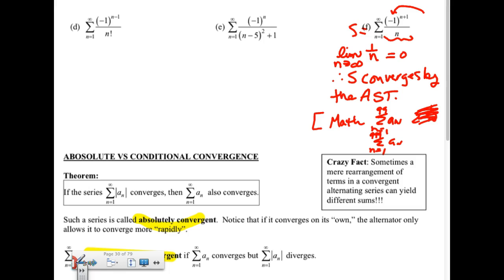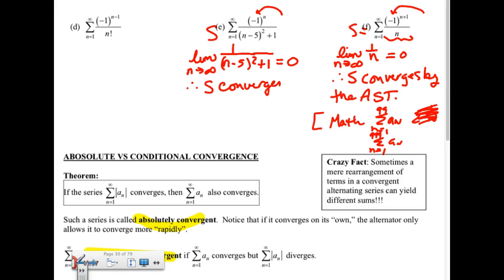All right, a lot of words. It's actually an easy process, but I like you to understand what you're doing. So when I see this alternator, I remove it, and I take the limit as n approaches infinity of the series in the absence of the alternator. If in the absence of the alternator the limit goes to 0, then we can say that the series converges by the alternating series test.